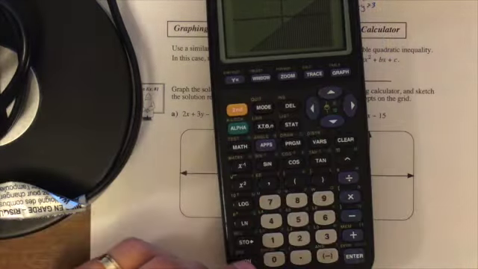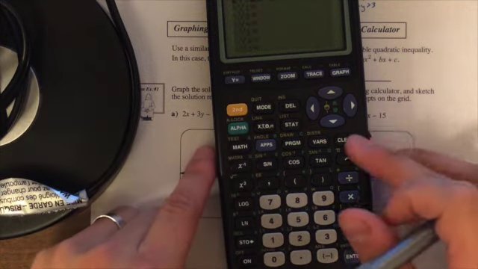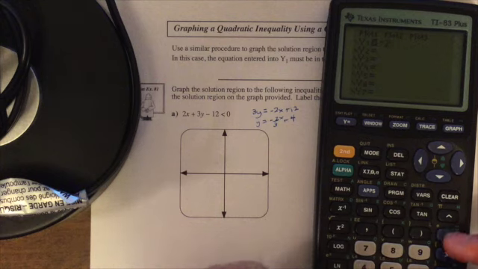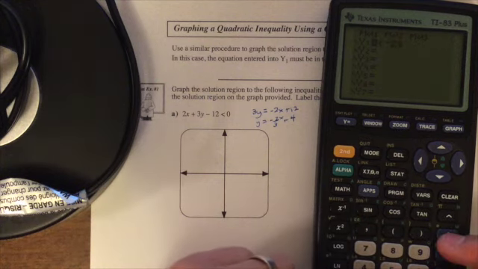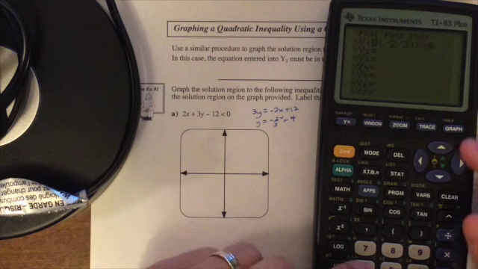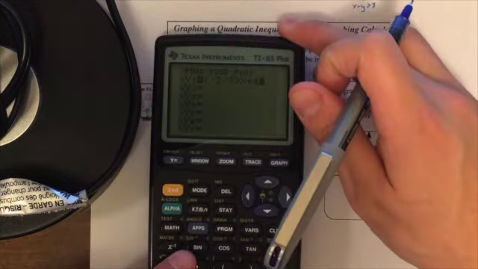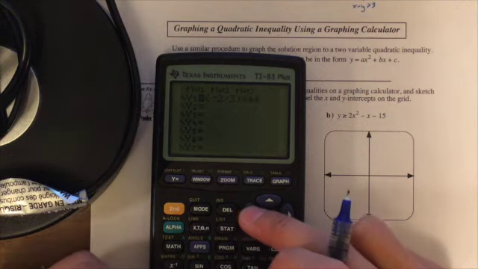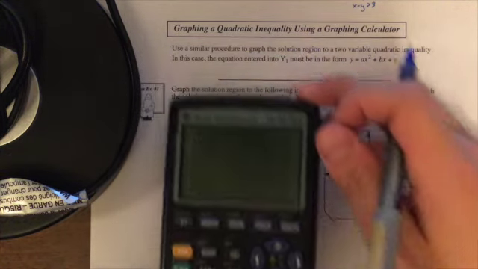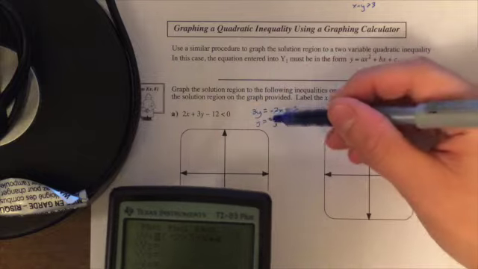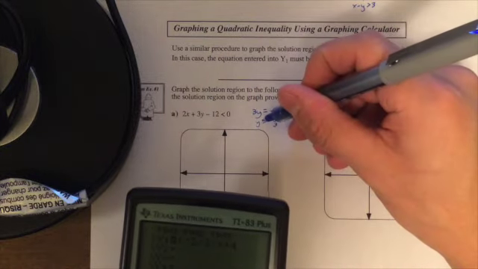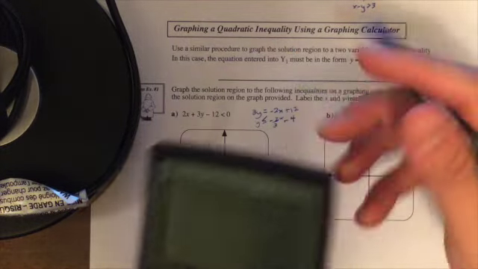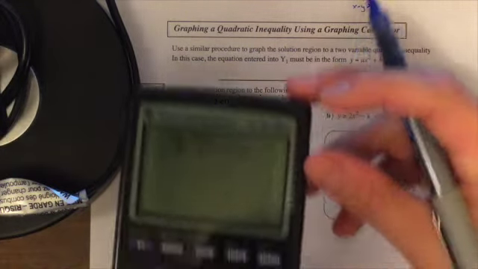So let's graph this. It should look something like that. We're working with y is less than, and not equal to, just less than.